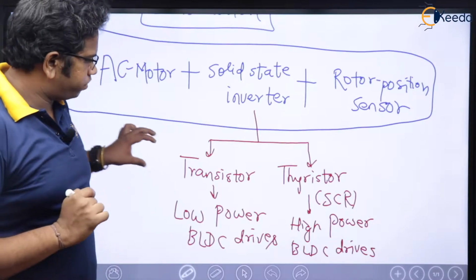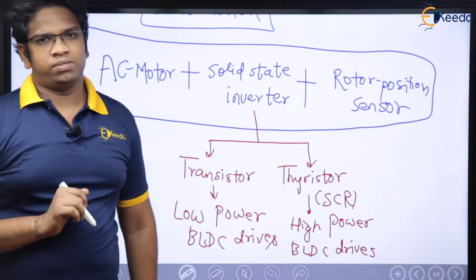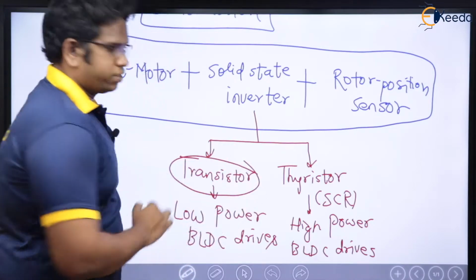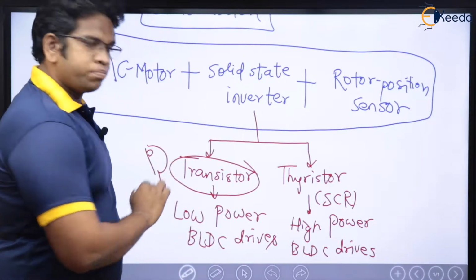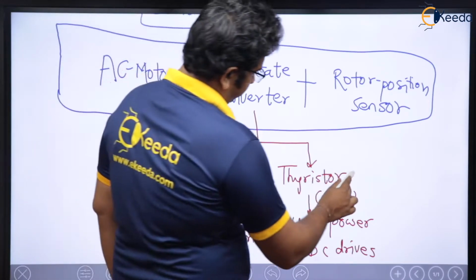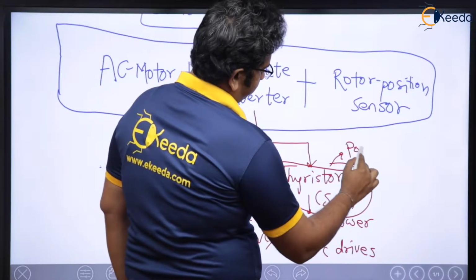See here, a transistor is an electronic element, a small element, so its operating capacity and power handling capacity are very low. Whereas a thyristor or SCR is basically a power electronic device.